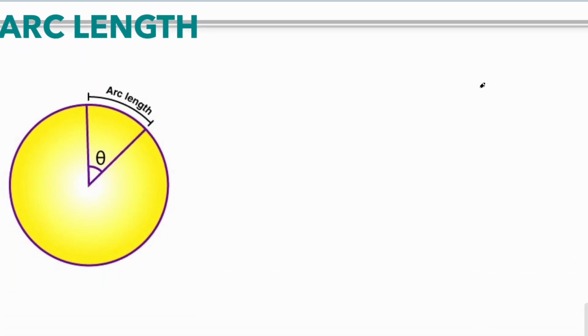Arc length. So this is different than the measure of an arc. Arc length does not equal an arc measure. The arc length is the distance of part of a circle. Arc measure is the angle of that.